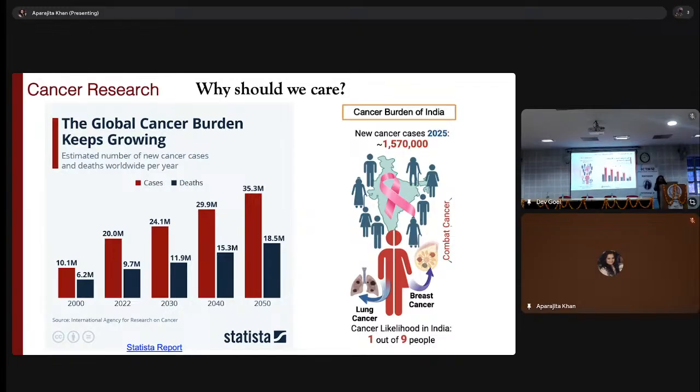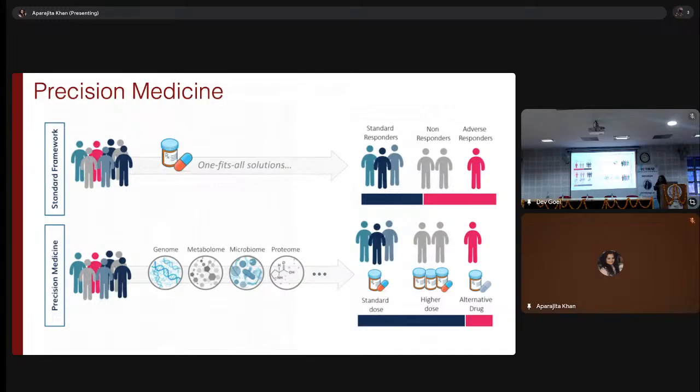So what are some computational methods? One of the applications that is the theme of this workshop is precision medicine. What does it mean? In a standard framework you have a set of patients, and suppose all of them have, let's say, lung cancer.